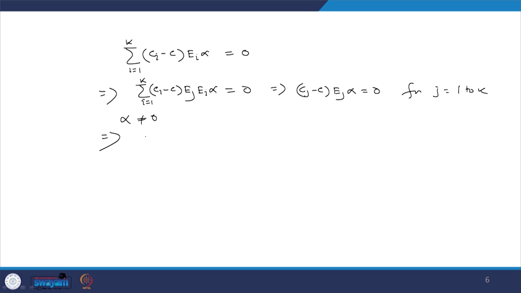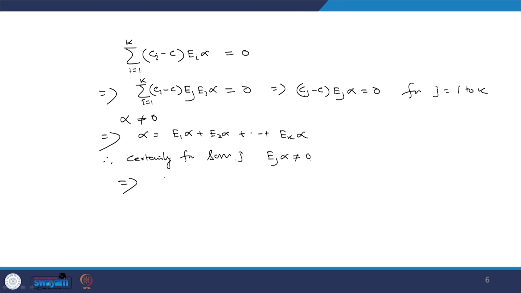This implies that, according to the given condition, alpha is equal to E1 alpha plus E2 alpha plus Ek alpha. So, certainly for some j, Ej alpha not equal to 0.